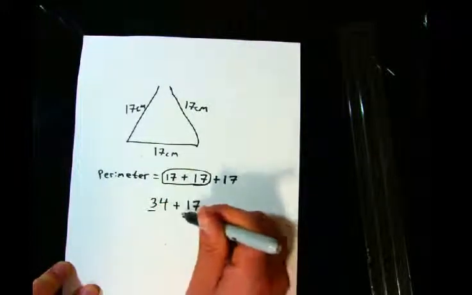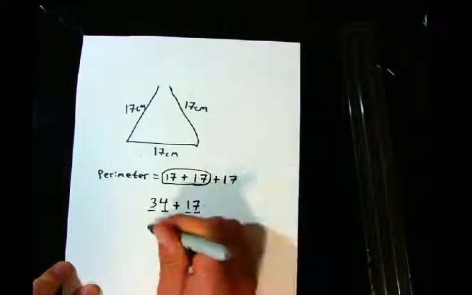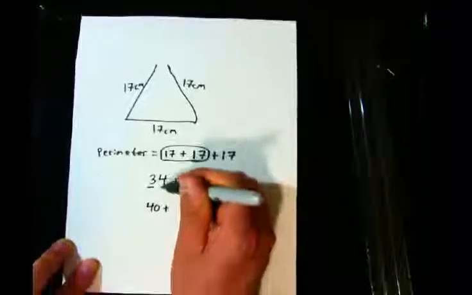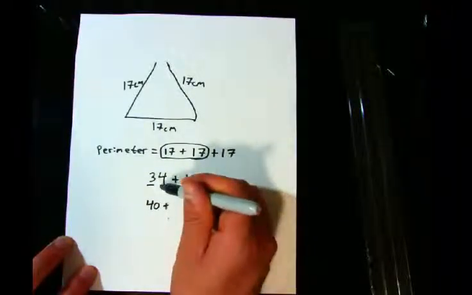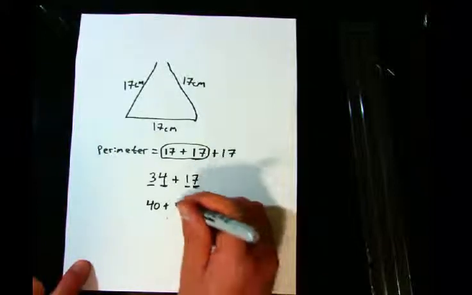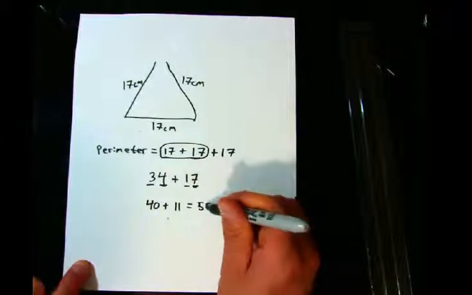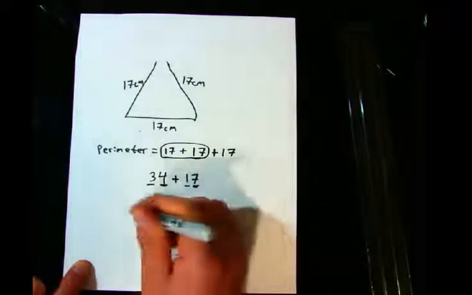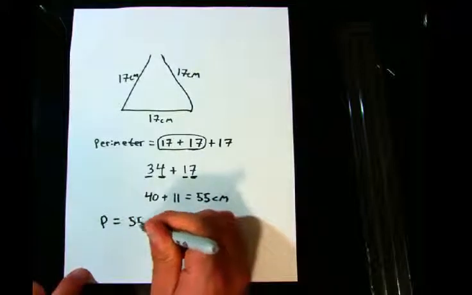Now you can use front-end addition. That makes 40. And this part here makes 7 and 4. You know what? 7 and 3 makes 10. We learned that. So 7 plus 4 must be 11. And 40 plus 11, we know that's 55 centimeters. So the perimeter, P, is going to be 55 centimeters.